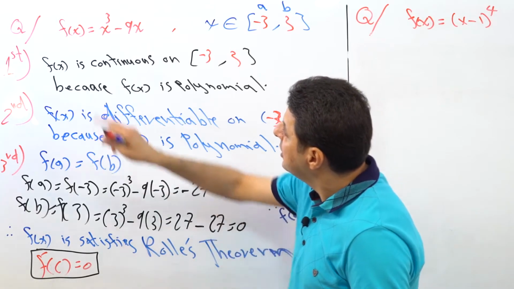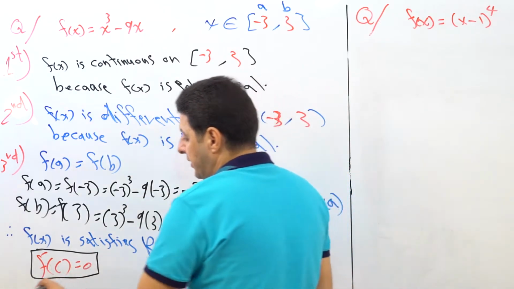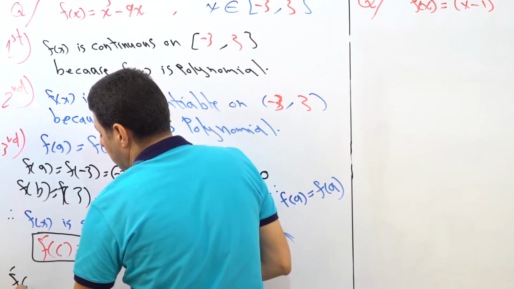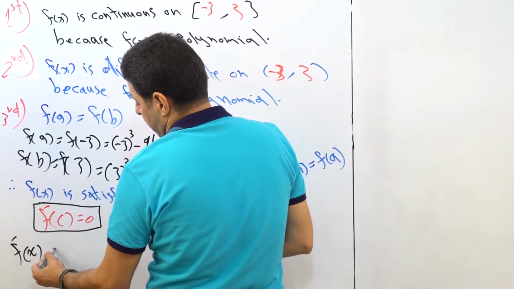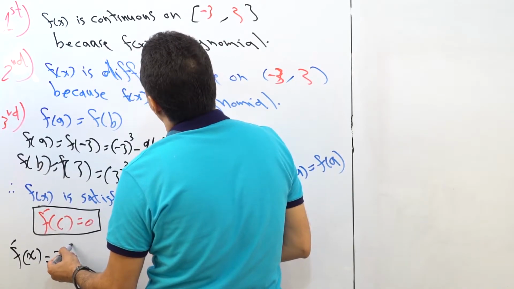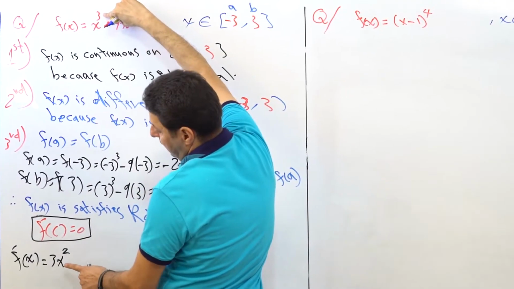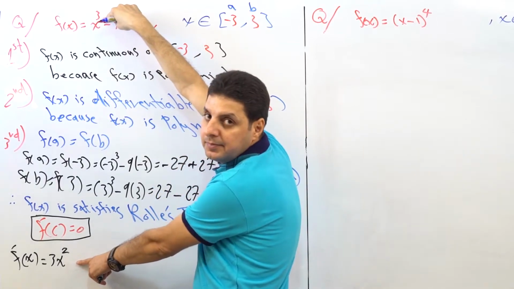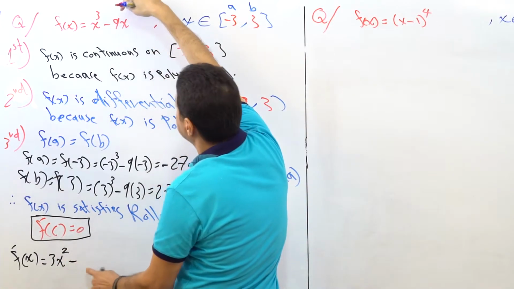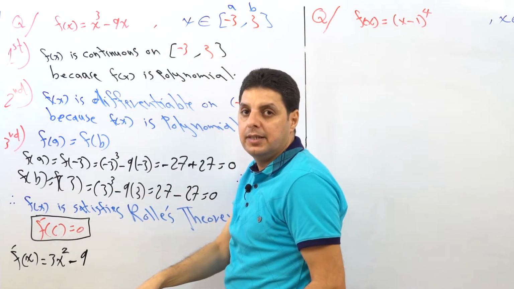Then the function f of x equals x cubic minus 9x, first derivative المشتقة الأولى f prime of x equal 3x square. That is x cubic first derivative 3x square, minus 9x derivative 9.